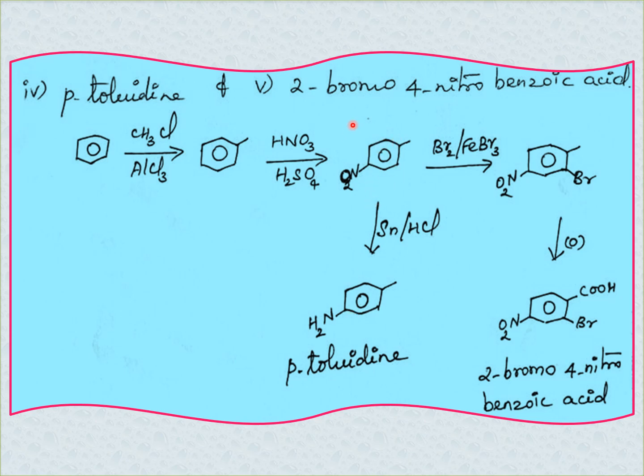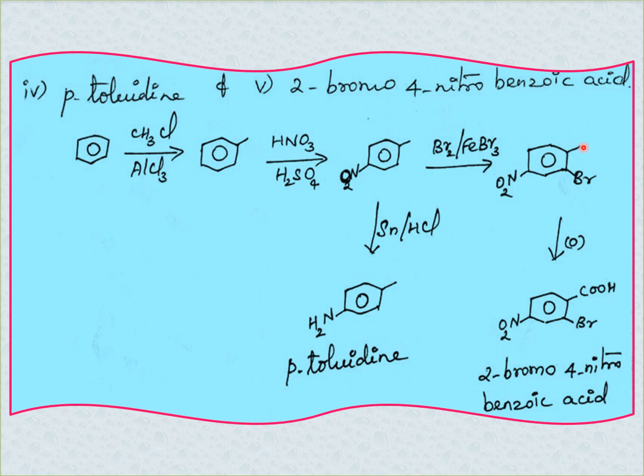From this para-nitrotoluene, we can synthesize 2-bromo-4-nitrobenzoic acid. By means of bromination, the incoming bromonium ion goes ortho to the methyl, because methyl is ortho-para directing and activating, while NO2 is meta-directing and deactivating. When both deactivating and activating groups are there, the incoming electrophile position is based on the nature of the electron donating group.